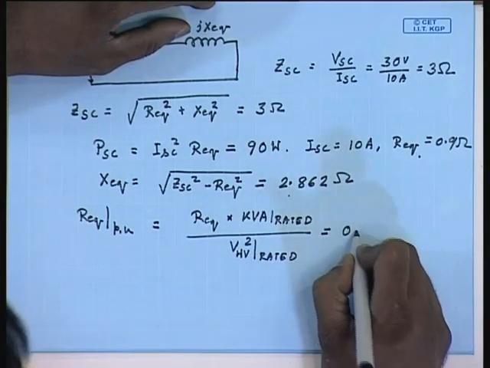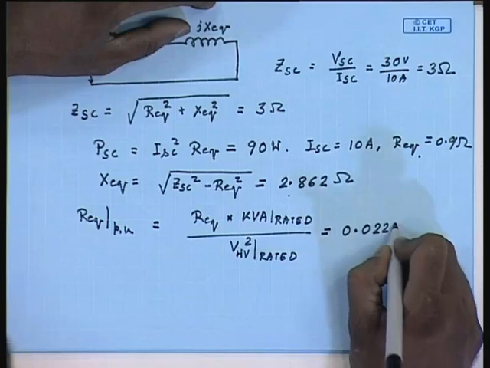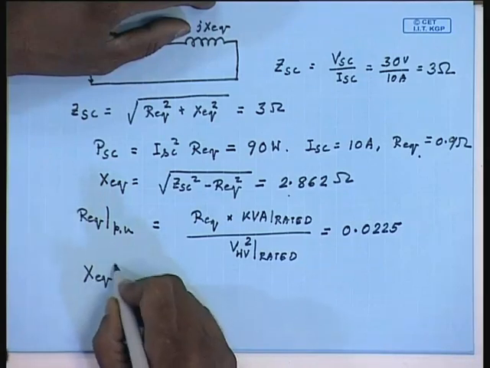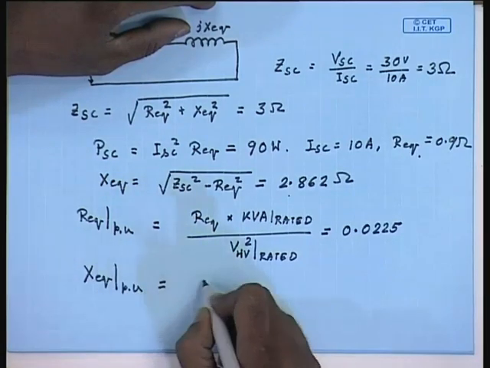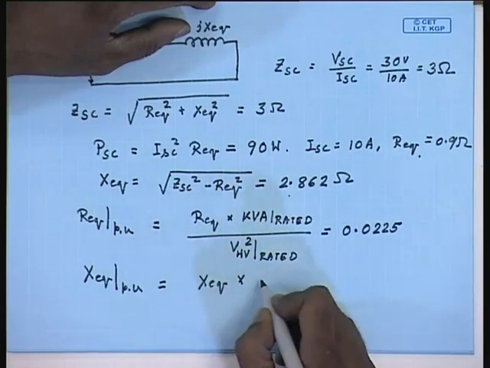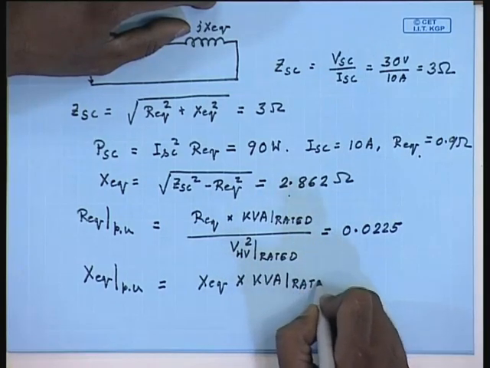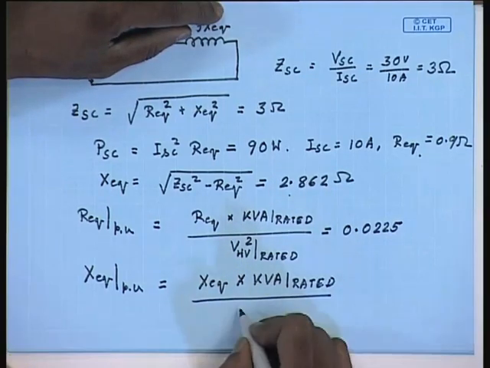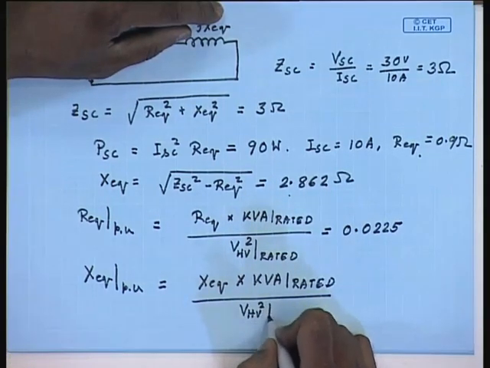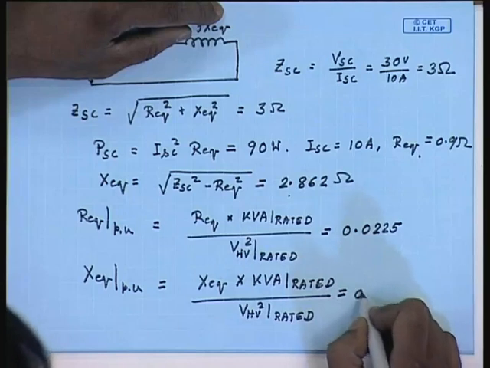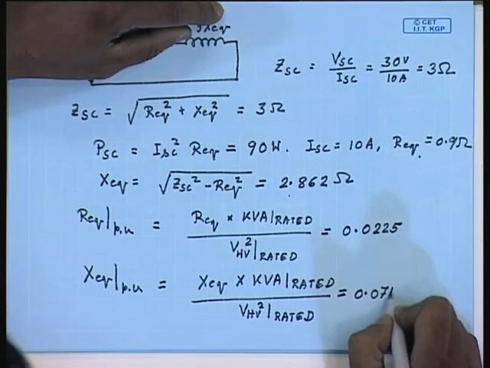This comes to 0.0225 and Xeq per unit will be equal to Xeq into kVA rated divided by VHV square rated. This will give you 0.0716.